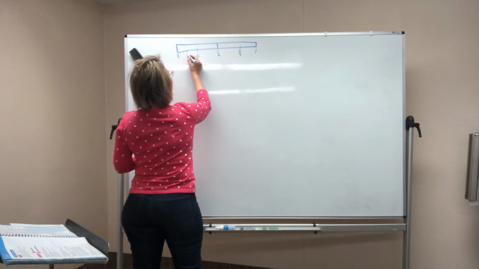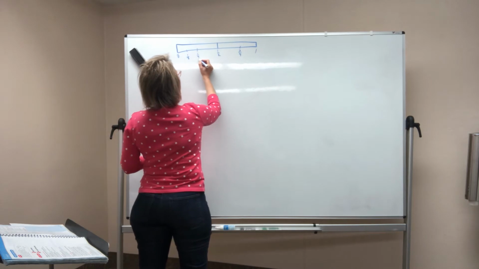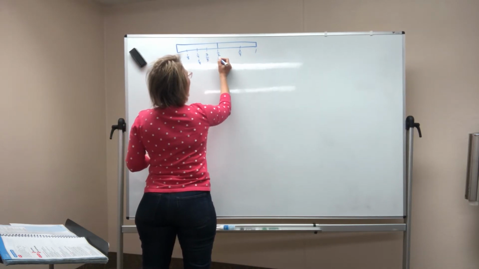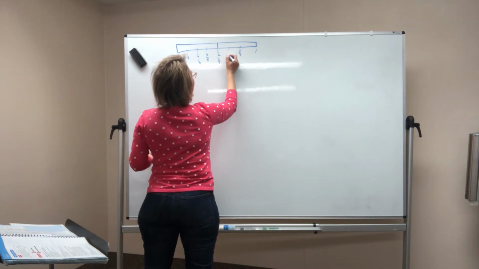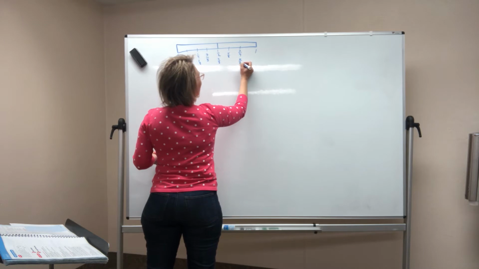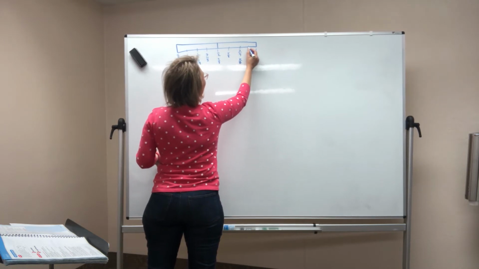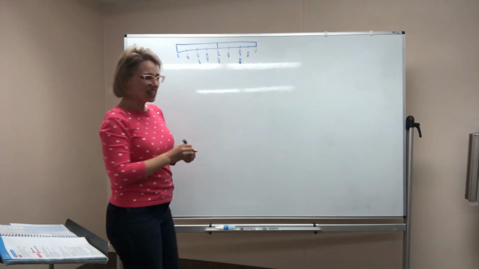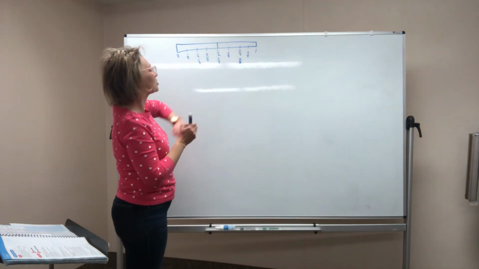In between that, I have eighths. There's 1/8, 2/8, 3/8. Well, half is the same as 4/8, 5/8, that's the same as 6/8, and there is 7/8. So we're just going to keep that there to look at.